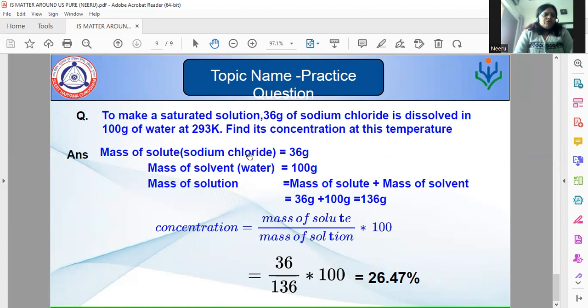Here, mass of solute is 36 grams, mass of solvent is 100 grams. So, the mass of solution will be mass of solute plus mass of solvent, that is 136 grams. So, 36 divided by 136 grams multiplied by 100. Our answer comes to 26.47%. In this way, we can find the concentration of a solution in a very easy way.